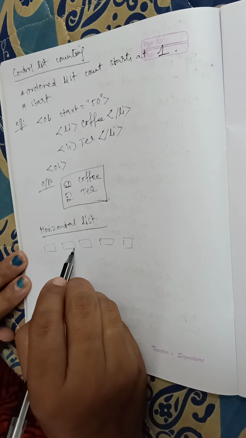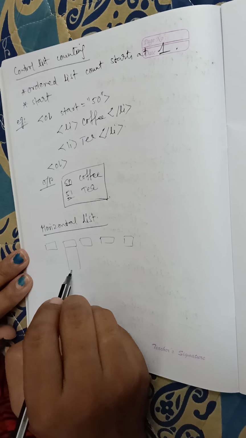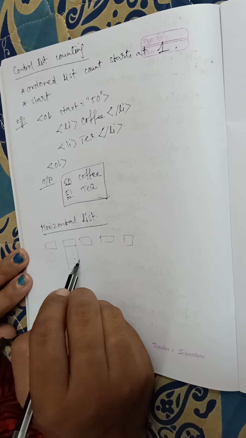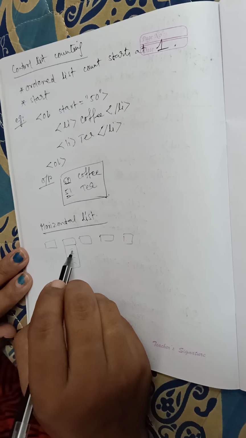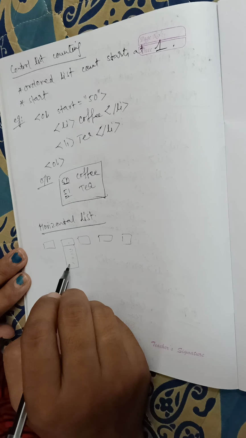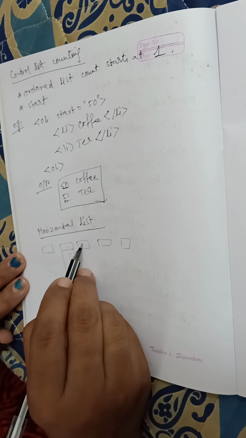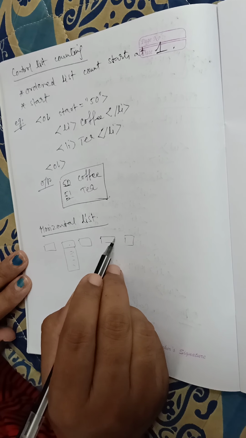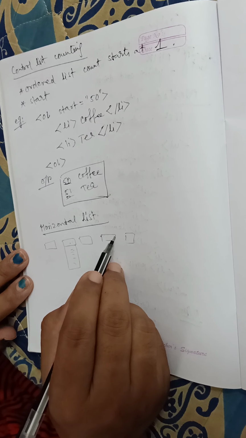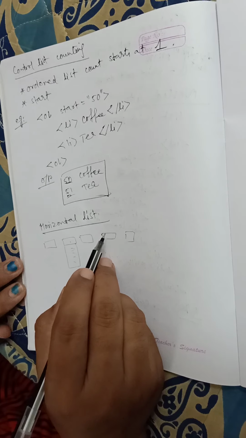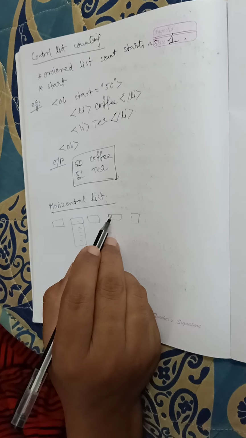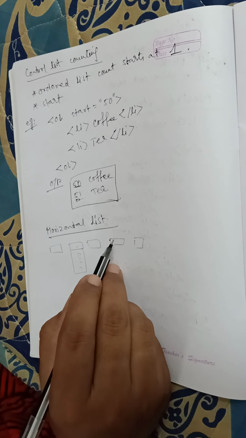When we click on this, we get a drop down list of other links which are just below it. So this type of list is known as a horizontal list. Now how to create the horizontal list? How do we create it?